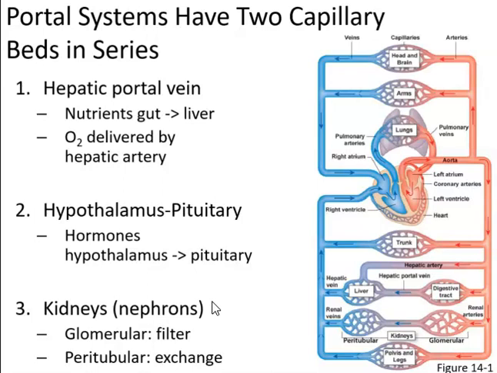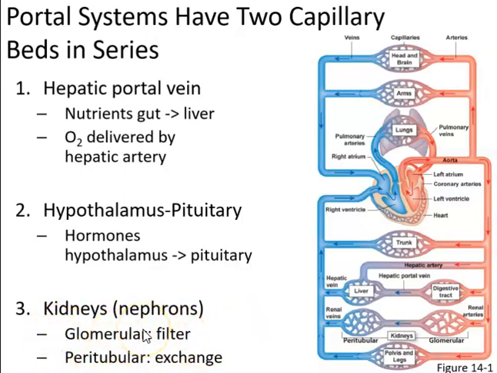So the glomerulus, anatomically we know, is a tuft of capillaries, and this is where filtration takes place. We filter the blood that flows through the capillaries, and then it gets filtered into that first part of the renal tubule, the proximal convoluted tubule. So that first capillary set being the glomerulus, allowing for filtration.